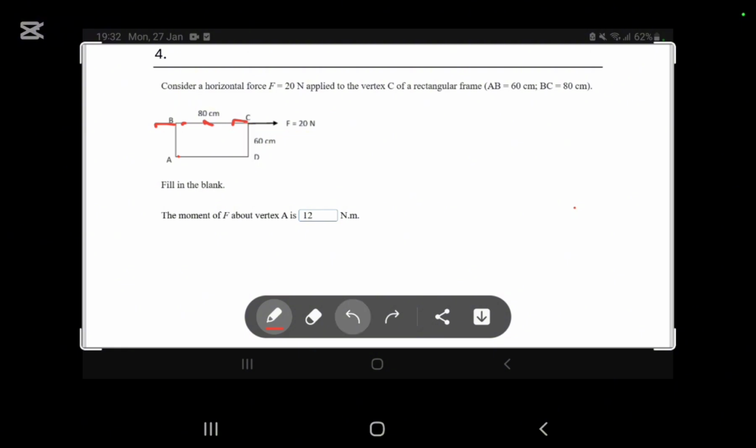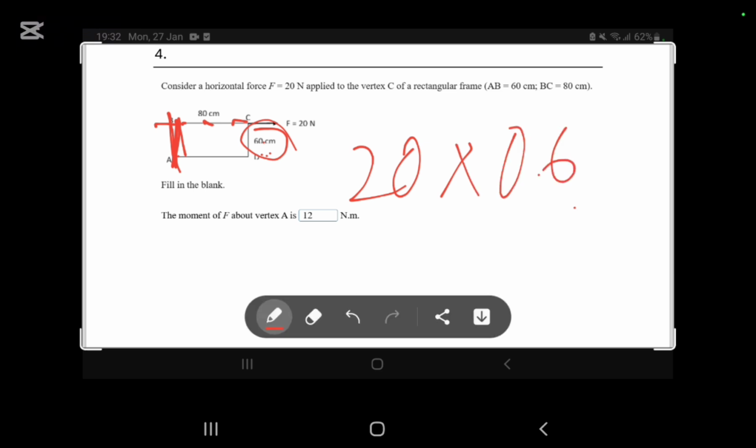The perpendicular distance is AB, which is 60 centimeters, which we have to convert to meters. So 20 times 0.6, which will give us 12.